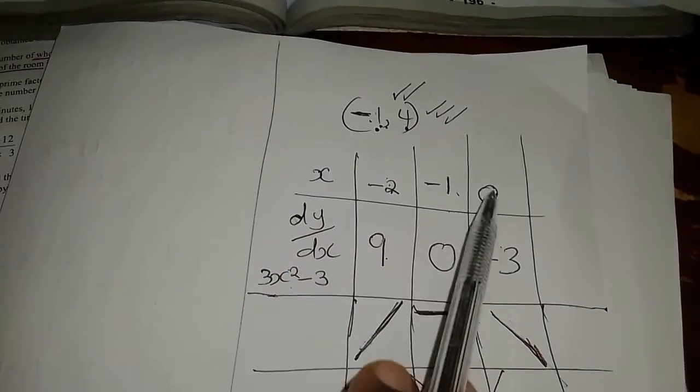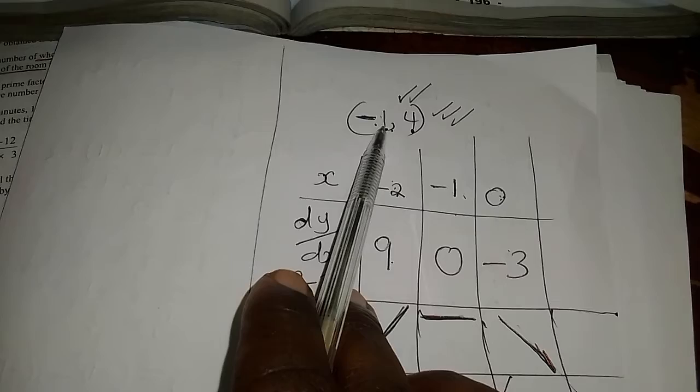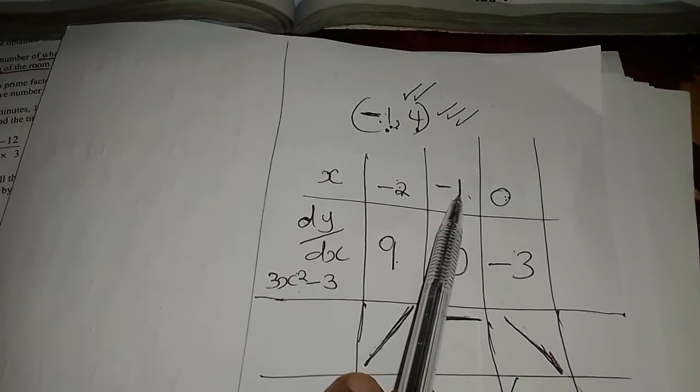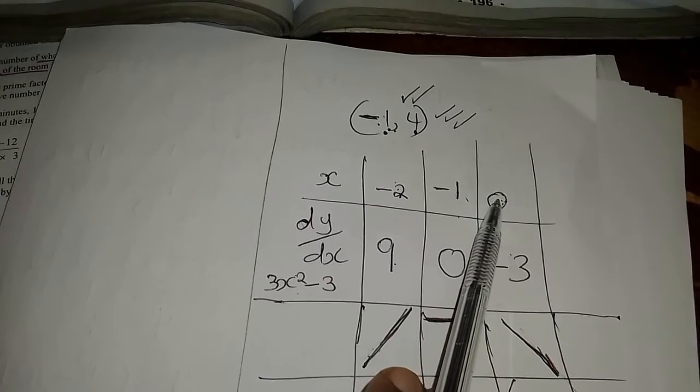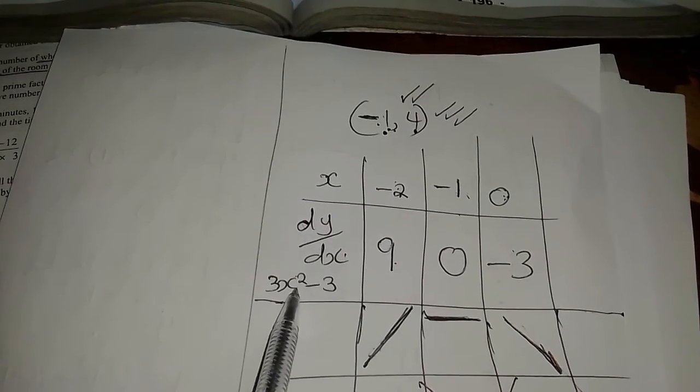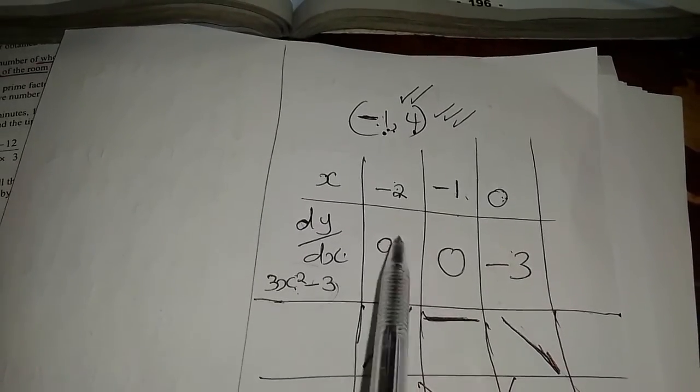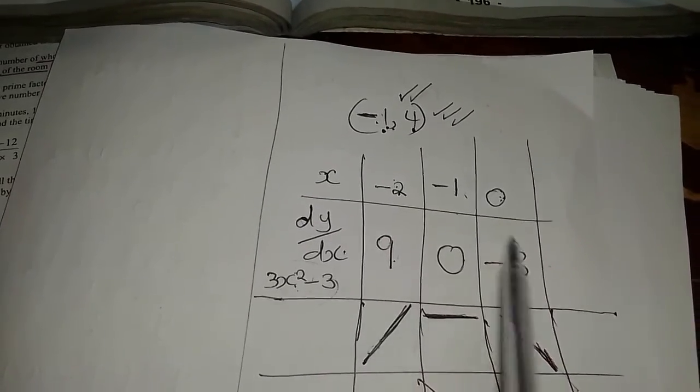Just come up with the values that I've just given you here. You have the value of x here as -1. Put it in the middle. Write anything less than -1, and anything more than -1. Get the dy/dx, the gradient function, replace the values of x in that gradient function, and get the corresponding values of dy/dx.